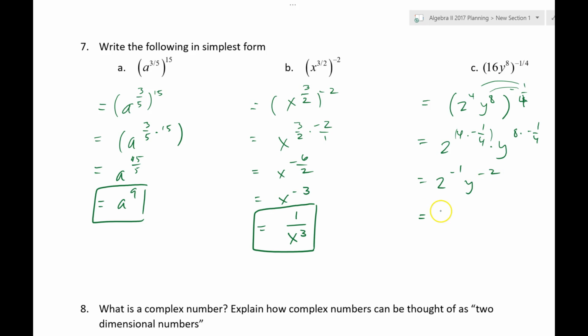And then I just need to get rid of those negative exponents. So I'm going to send those to the denominator. So we keep 1 on top. 2 to the first will go on the bottom. Y squared will go on the bottom. And I'm left with 1/2y squared as the simplified form.